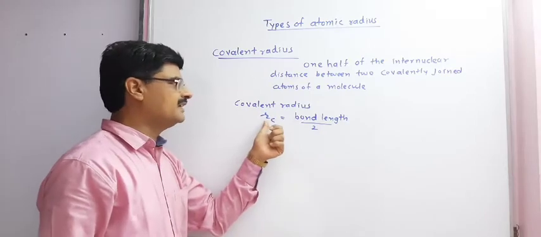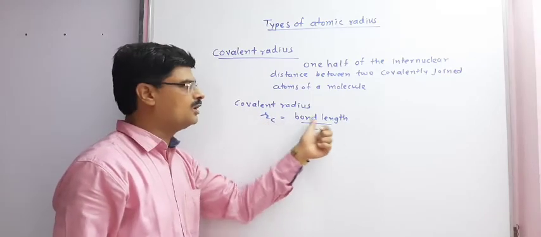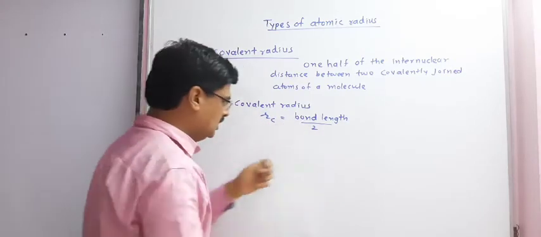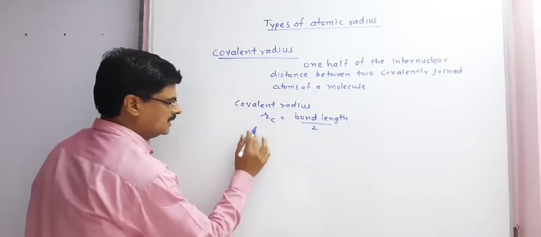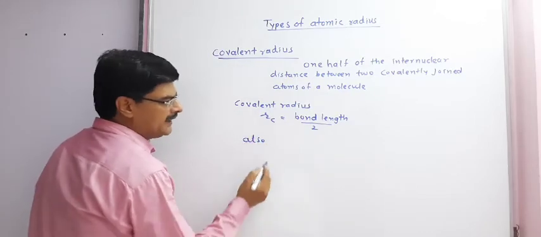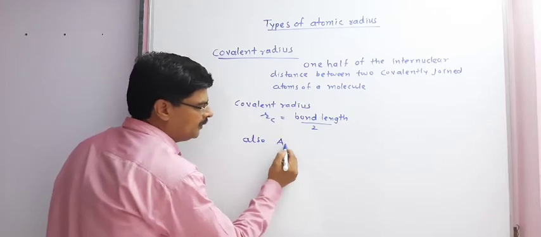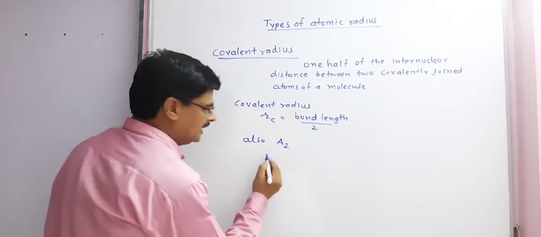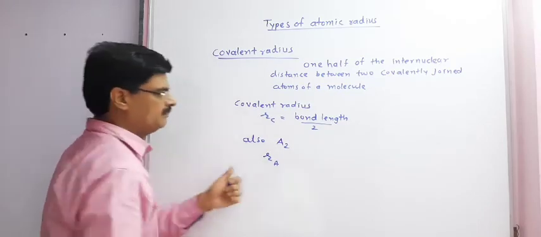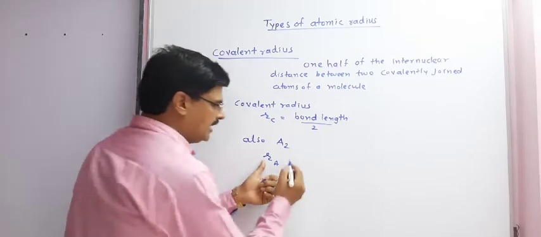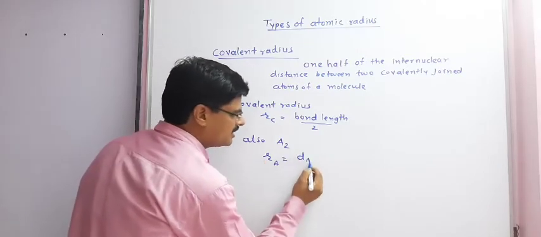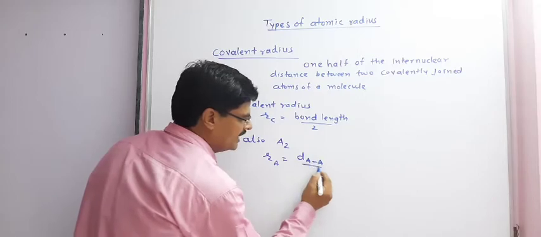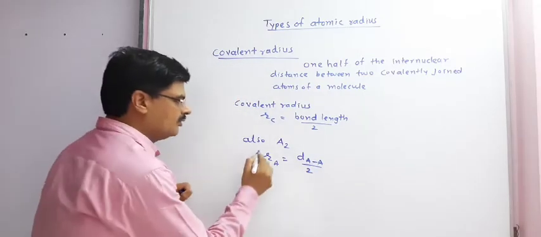That is why we can say covalent radius is equal to bond length divided by 2. Also, if any molecule is in the form of A2, then RA, the covalent radius of A, is equal to distance AA divided by 2. That also we can write.